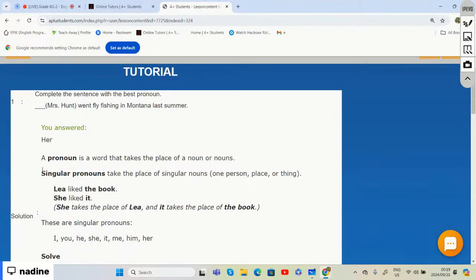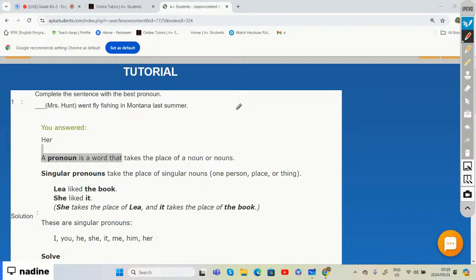And once again, a pronoun is a word that takes the place of a noun or nouns. Singular pronouns take the place of singular nouns, like when we are making mention of one person, one place, or one thing. And then we have singular pronouns, which are I, you, he, she, it, me, him, and her.